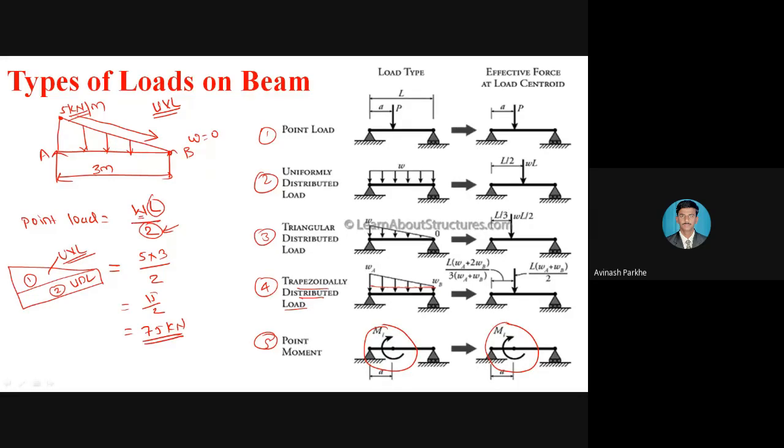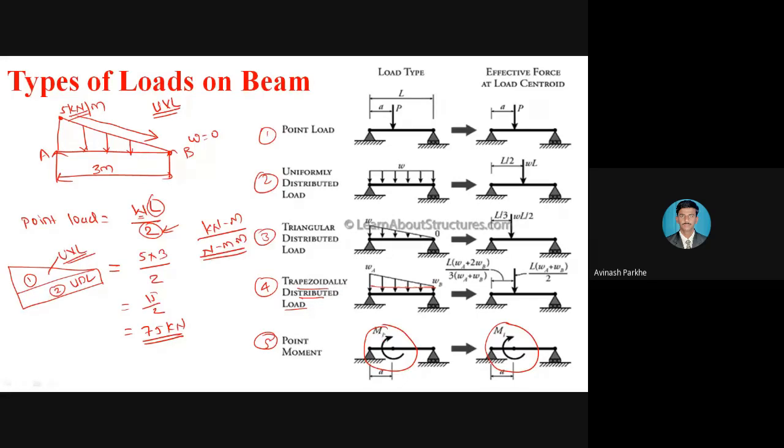Because shear force is available only in kilonewton. The value of the shear force you will get in kilonewton or newton, but bending moment means force into perpendicular distance, so what is the unit? Kilonewton meter, or we can say newton mm.